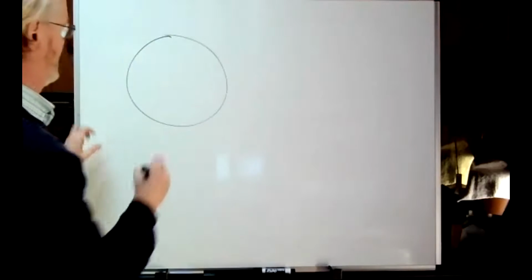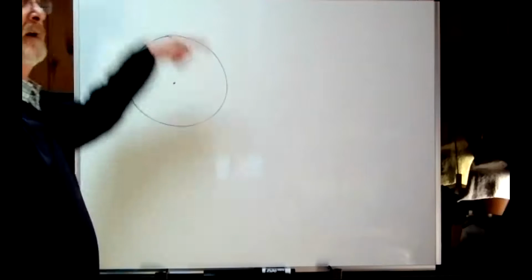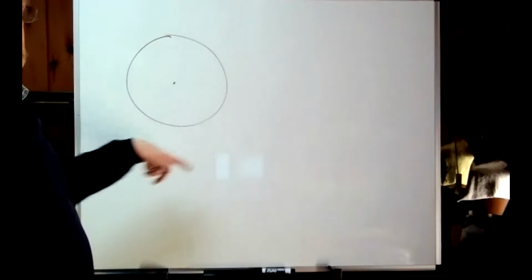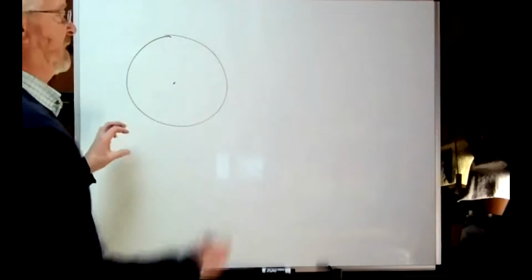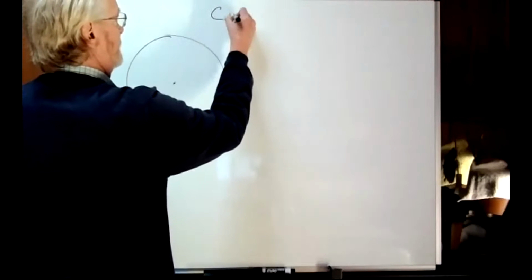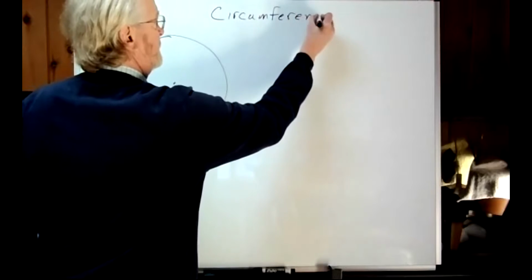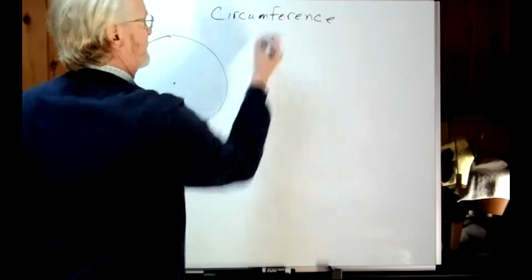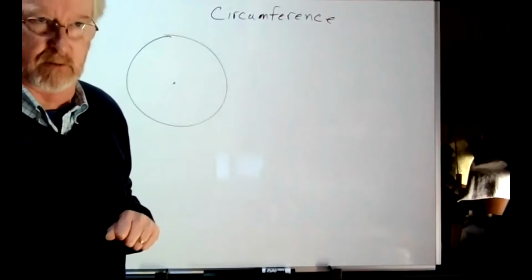All right, and the distance around the circle, similar to perimeter, right? But for a circle, the concept we call circumference. What's the distance around that circle? All right.